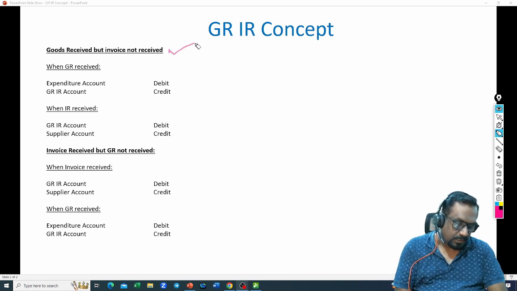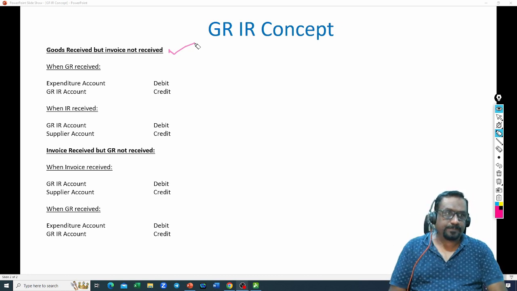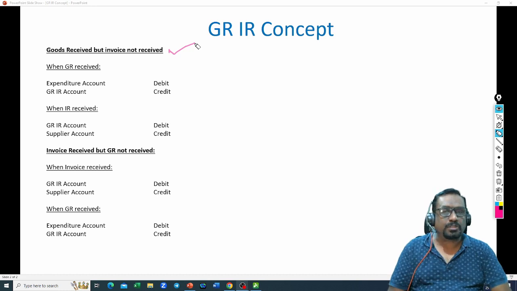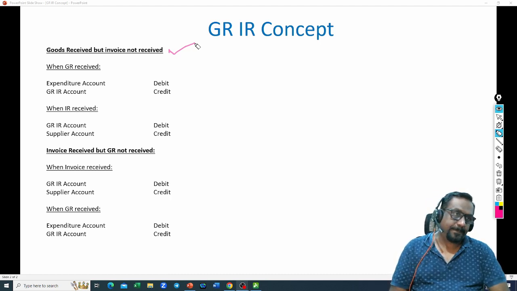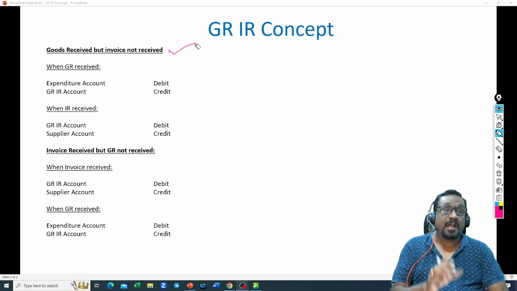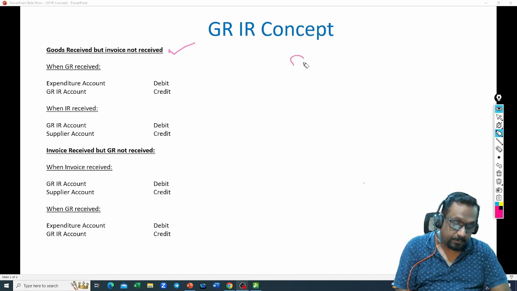First concept is: goods received, but invoice not received. As and when the goods are received, either the stores department or the requisitioner of the goods will go to the respective software. There will be a PO in the system, with a PO number.